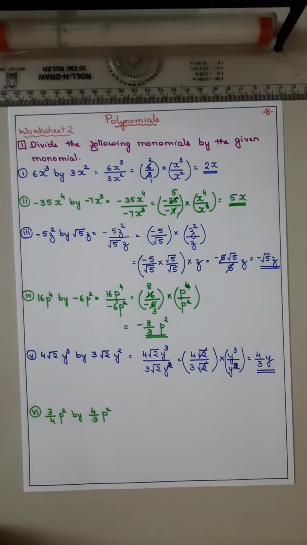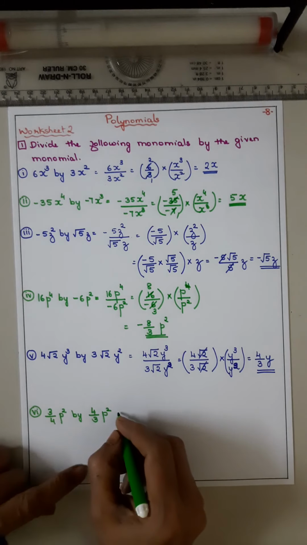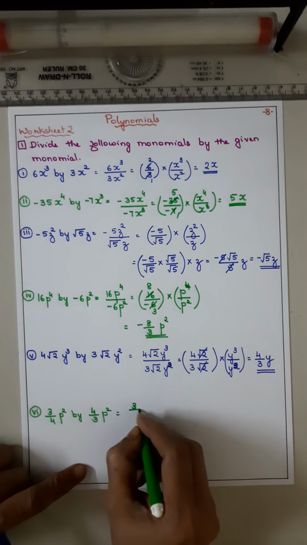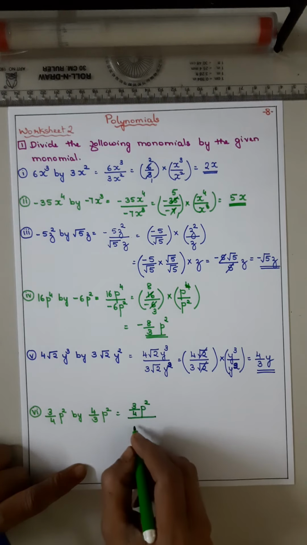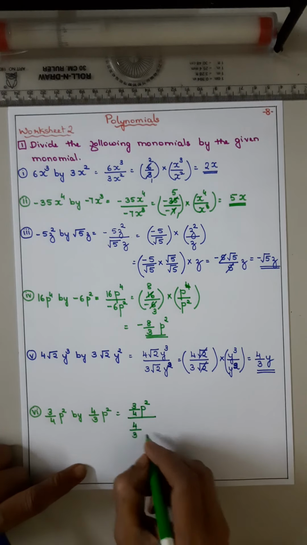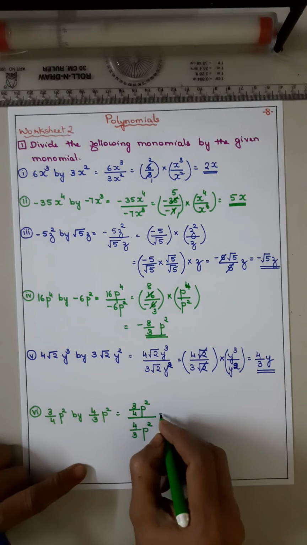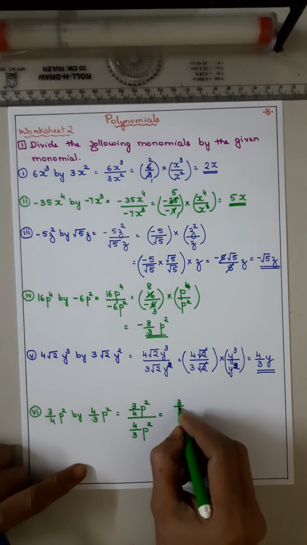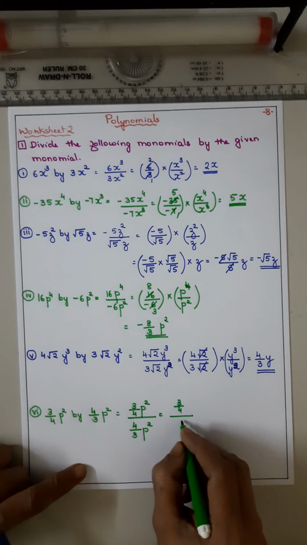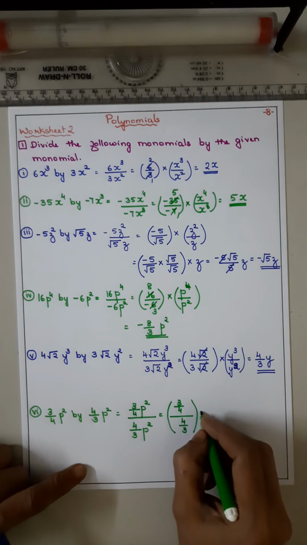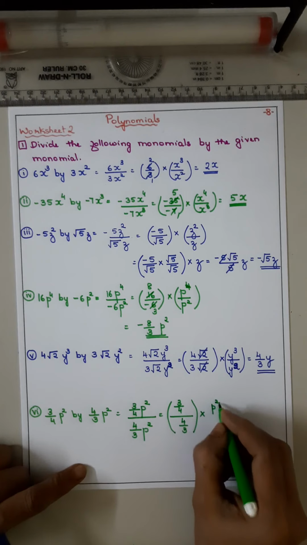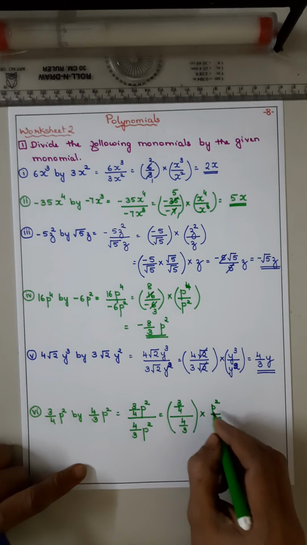Now, coming to the sixth sum. 3 by 4 p squared upon 4 by 3 p squared. Now 3 by 4 upon 4 by 3, within the bracket, into p squared upon p squared.